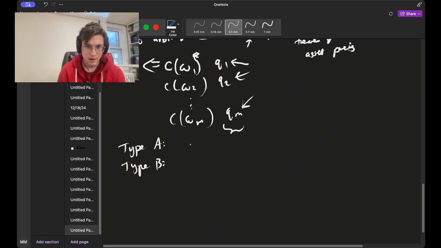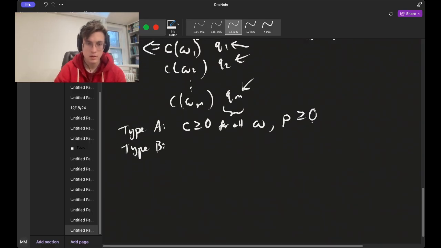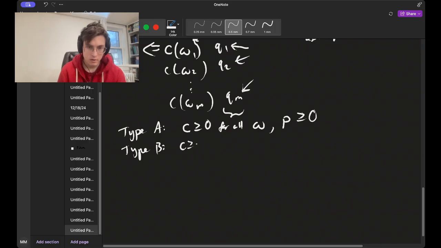In type A arbitrage, we have a bunch of states, and if all of the payouts are greater than or equal to 0 for all omega, that means the price of the option should be greater than or equal to 0. And for type B arbitrage, if the payouts are all greater than or equal to 0 for all omega, and greater than 0 for at least one, then the price should be greater than 0.